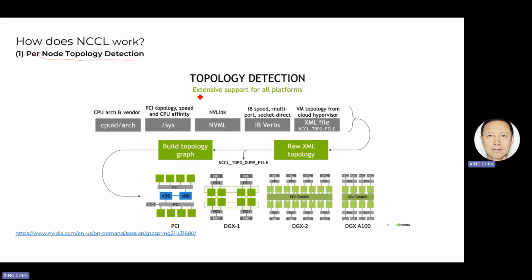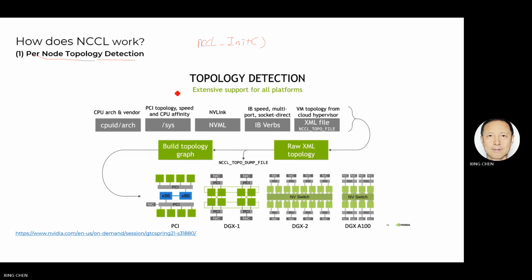That means the NCCL library, at the beginning, you call this NCCL initialize function call, and then NCCL will start to do the topology detection on all the nodes you want to use to run your job.